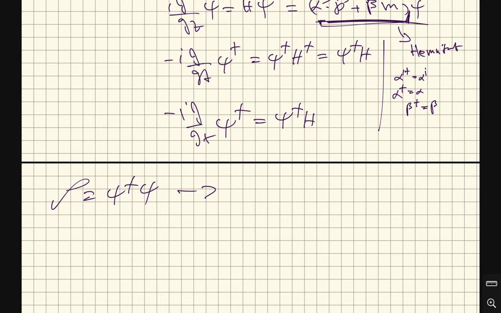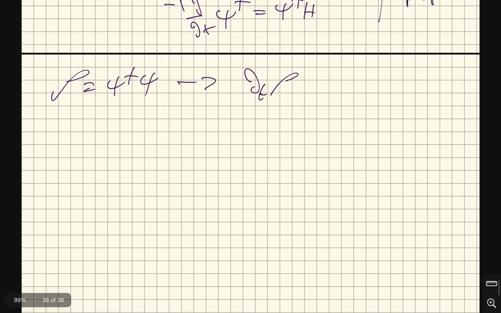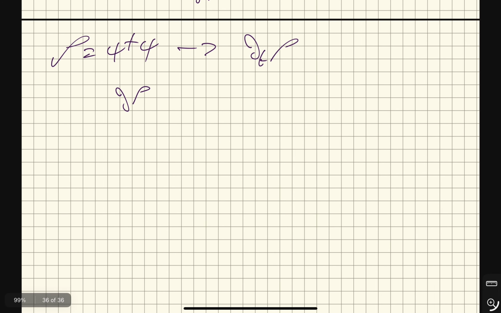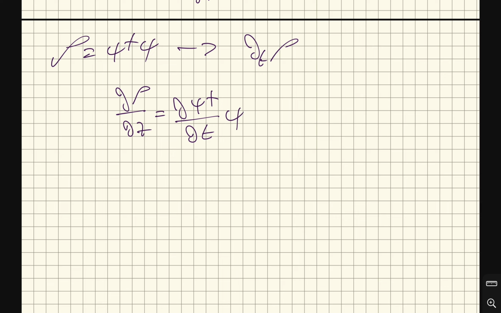And we want to calculate partial t rho. Now, partial rho over partial t is partial psi dagger over partial t psi plus psi dagger partial psi over partial t. We are only calculating the rho.